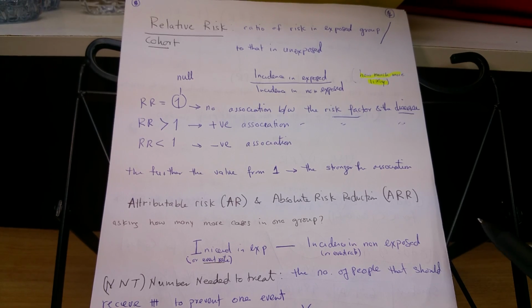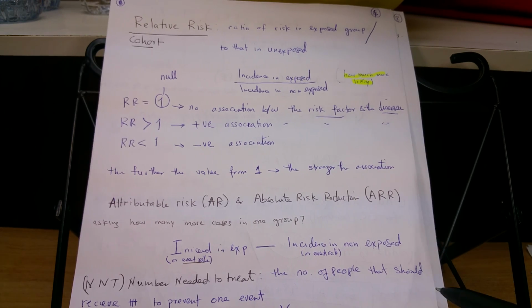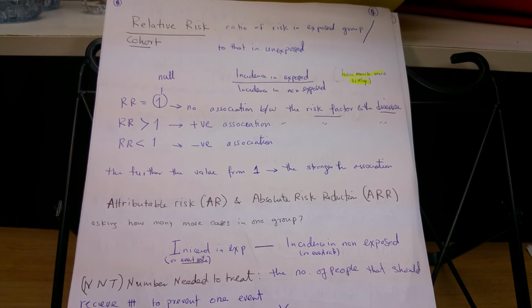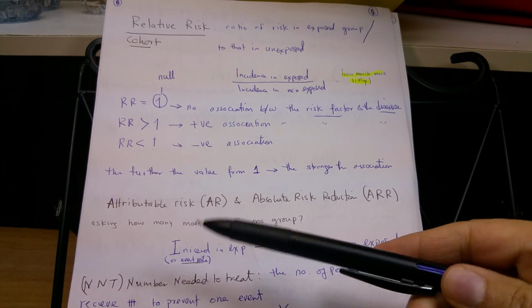We'll talk now about relative risk. We said previously that relative risk and attributable risk are used in cohort studies. So what's relative risk?